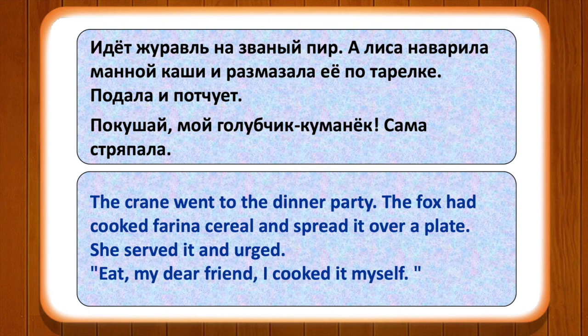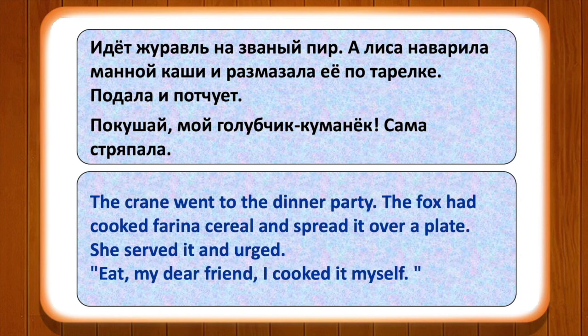Размазала means to serve or spread over. По тарелке, spread over or spread on the plate. Подала и потчует. So, подала is from the verb подать, this means to give. Потчует means to urge or to treat. Please take.